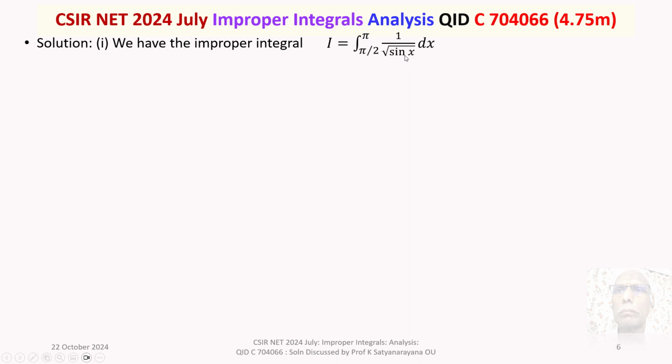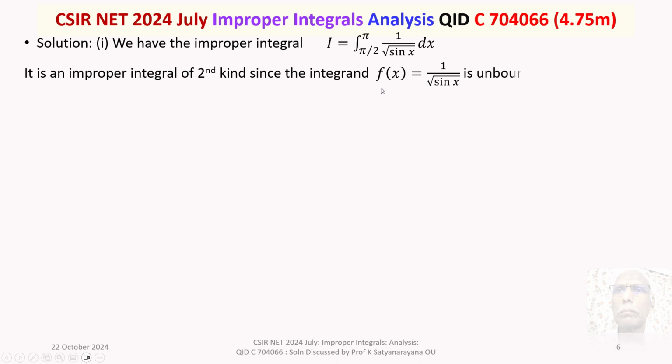But the integrand is unbounded at x equal to pi. In other words, this function is discontinuous at the upper limit x equal to pi. That is why it is an improper integral of the second kind. The reason is the integrand, that is 1 by root of sin x, is unbounded or discontinuous at x equal to pi.